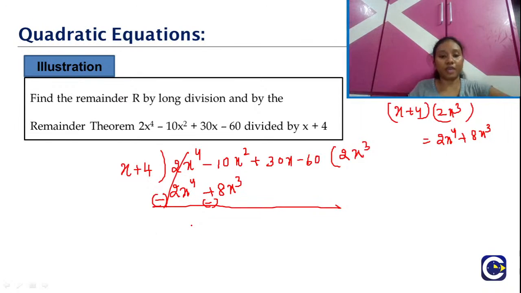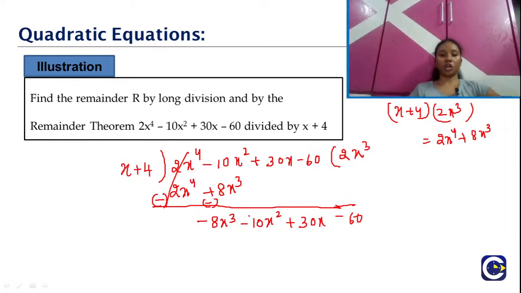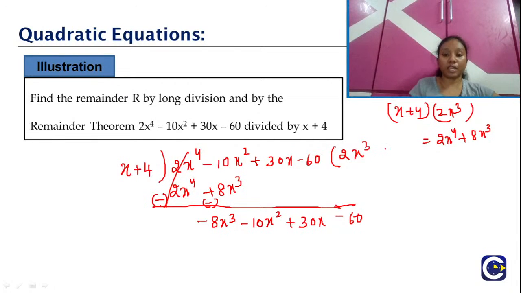So now you will be having a new term, that is minus 8x cube and then minus 10x square and then plus 30x minus 60. Right, so now what is the coefficient? It will be minus 8x square.